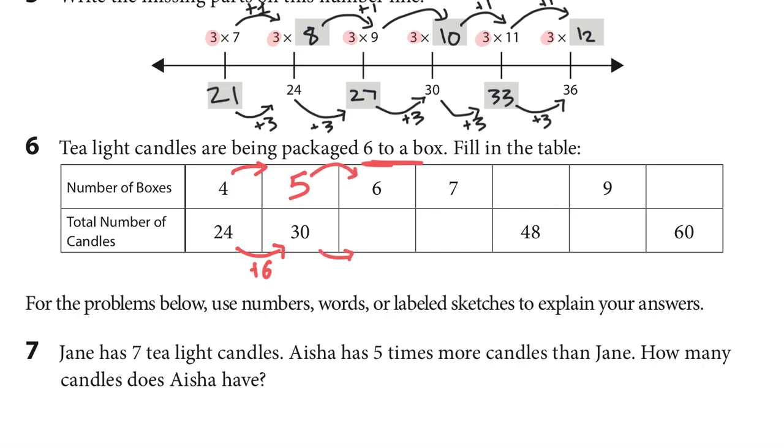We said that there are 6 in a box. We add 6 more. We add another box. Once again, there's 6 in a box. We add 6 more. Now kind of have to think of this backwards. 42 to 48, it looks like they added 6. So up top, I have to add another box. They added another box.